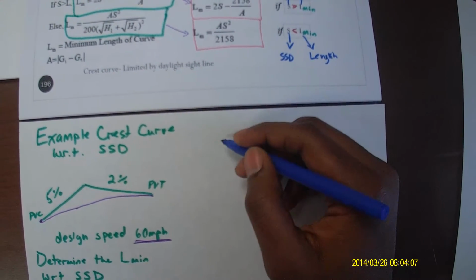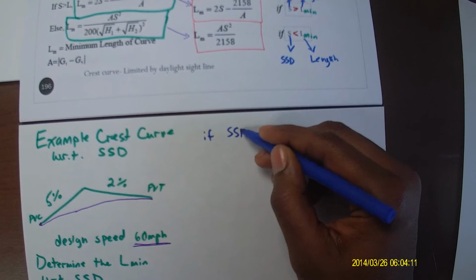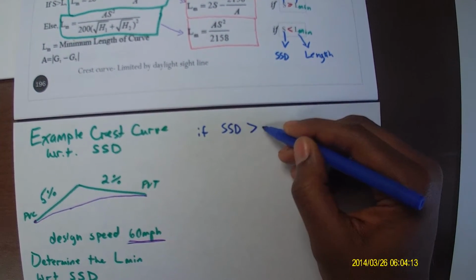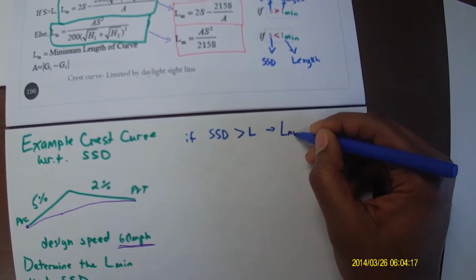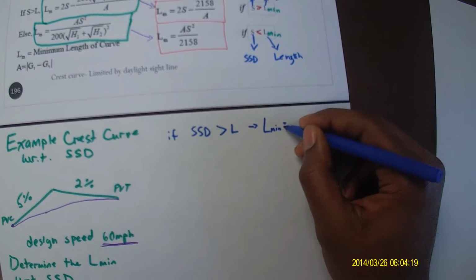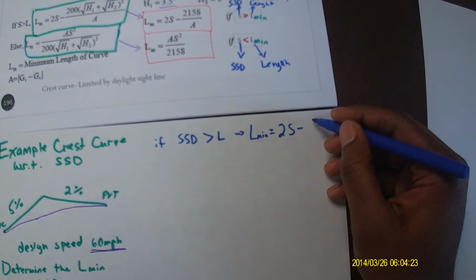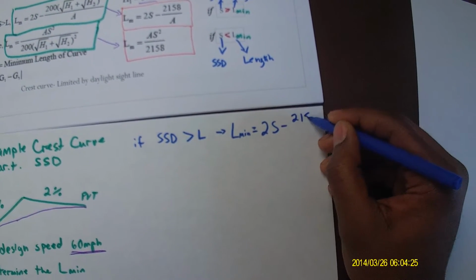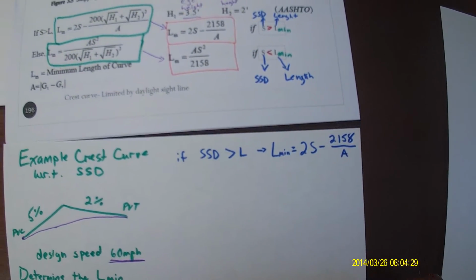If stopping sight distance is greater than L, then I'm going to use this equation: L min is equal to 2S minus 2158 divided by my algebraic difference.